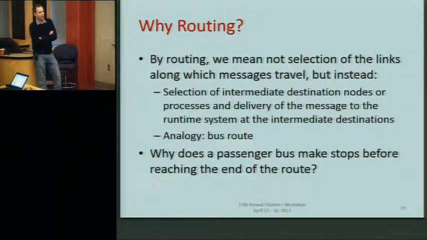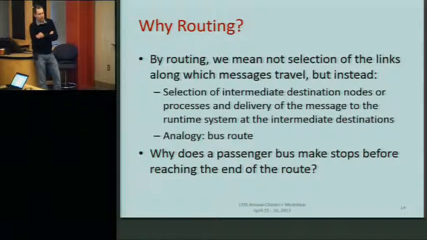But first, I should mention that by routing, I'm not just referring to picking the path for a message from the original source to the destination. That is part of it, but the more significant aspect is what you do at intermediate points in the path.